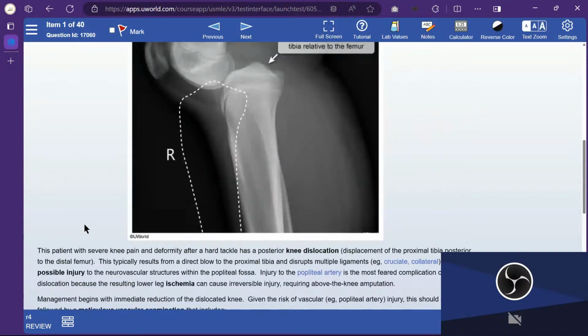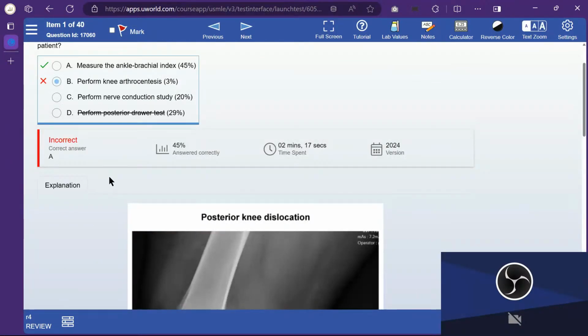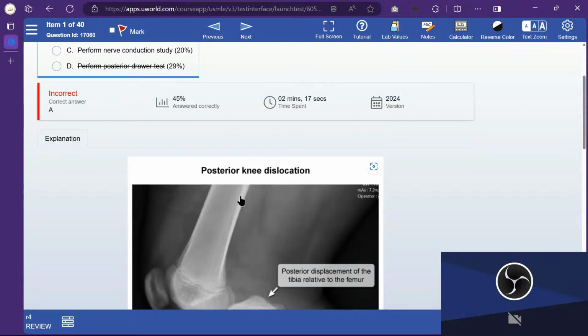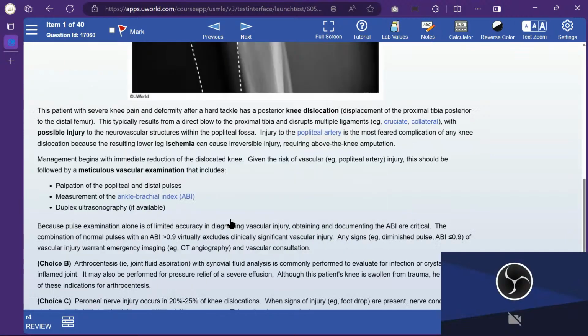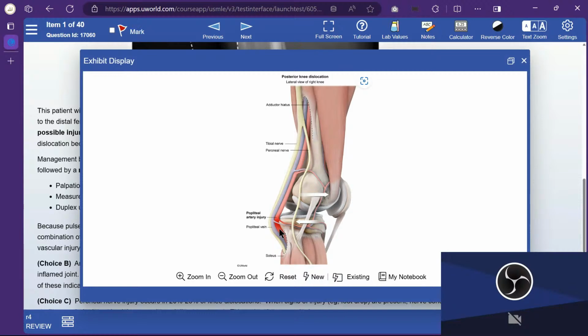So what should be remembered in this question? In posterior knee dislocation, which artery can be damaged? The popliteal artery may be damaged. It is the most feared complication.